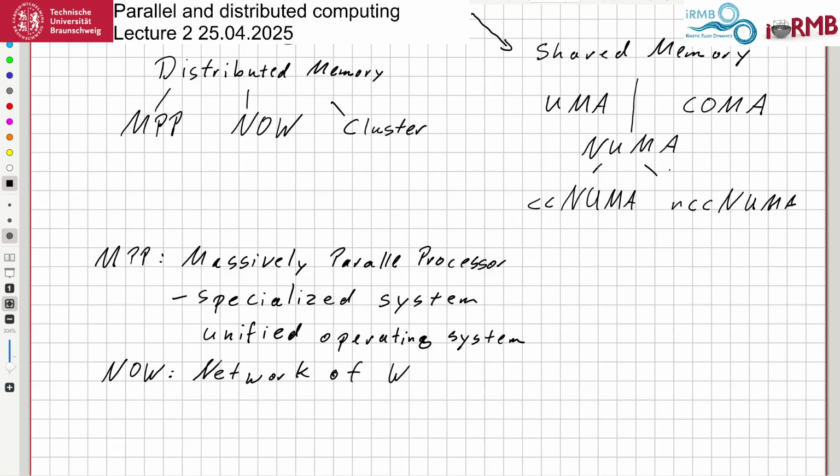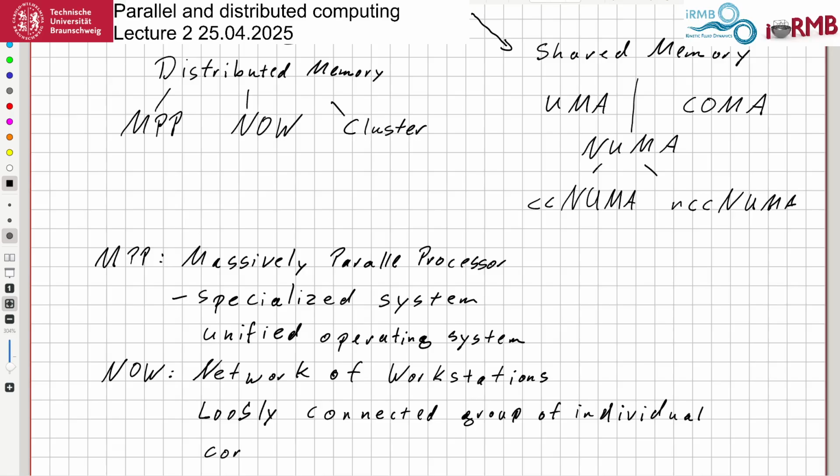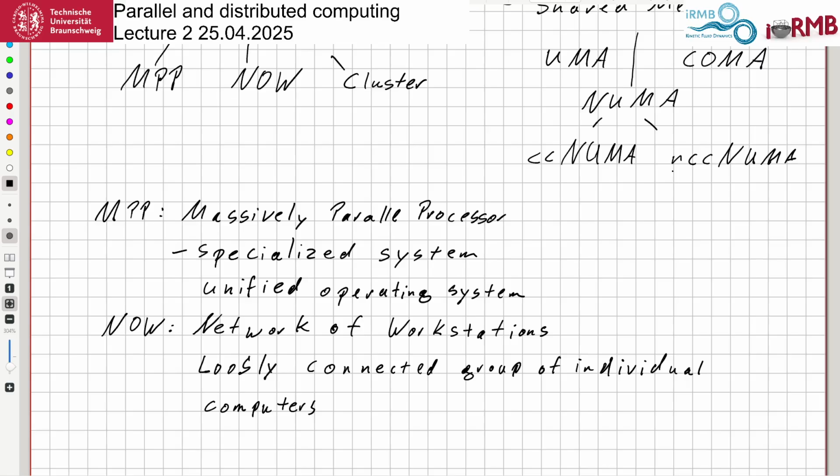You could say this is a loosely connected group of individual computers with, say, standard Ethernet or something, the standard network.